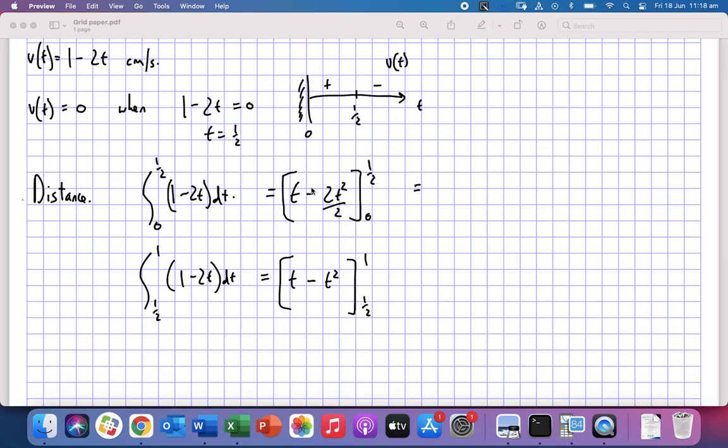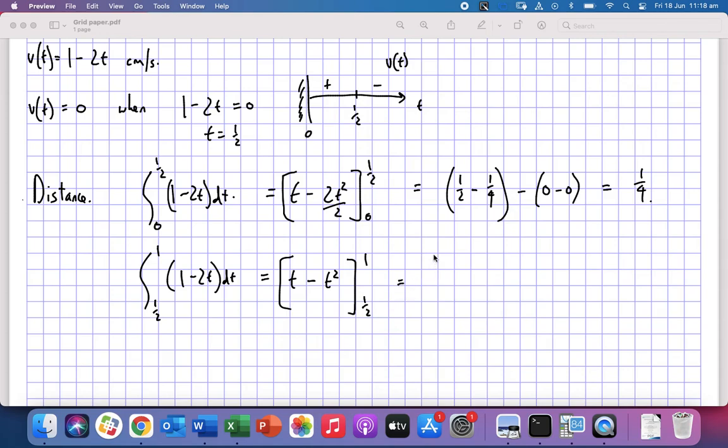So over here, you're going to get a half minus a half squared, which is a quarter. That's what's happening when I plug my halves in. This is the fundamental theorem of calculus. Minus 0, because the t's will be 0, and you get a quarter.